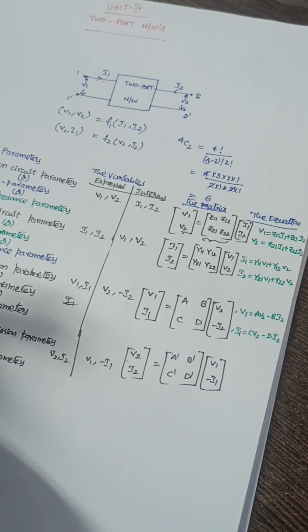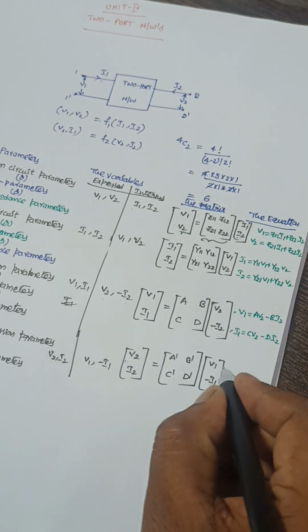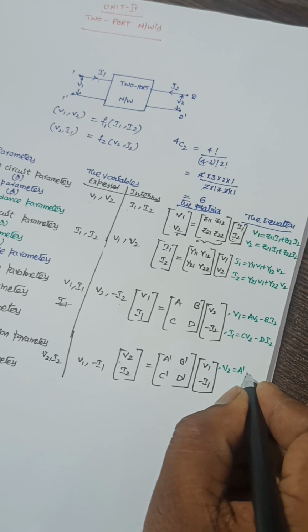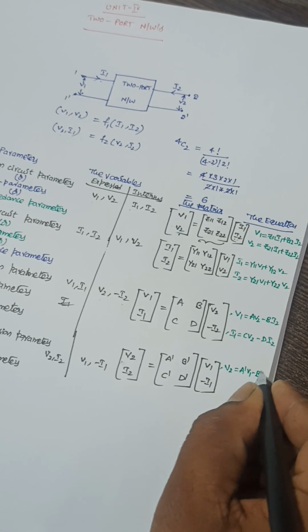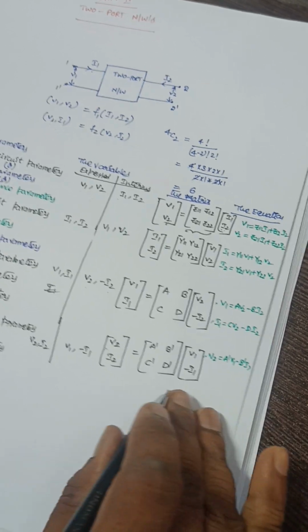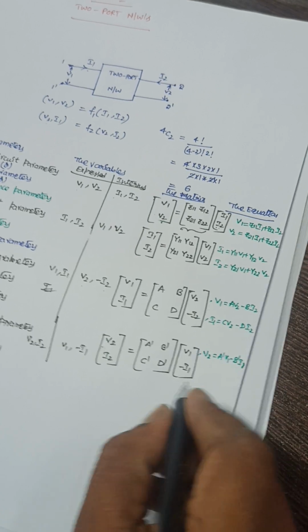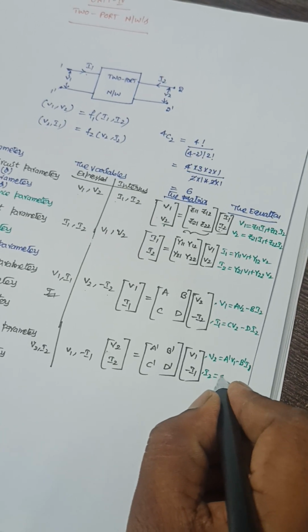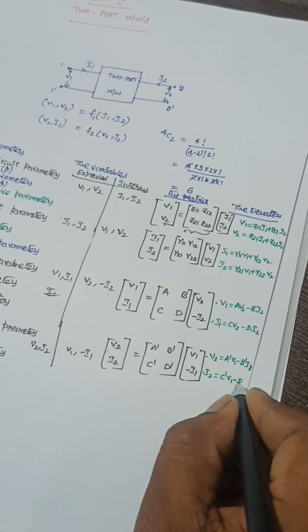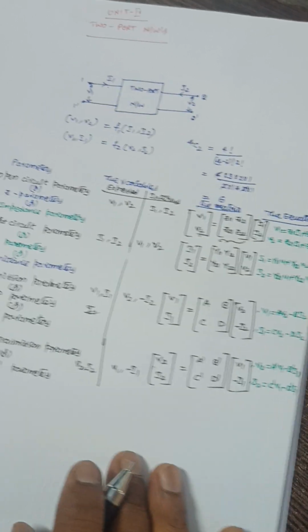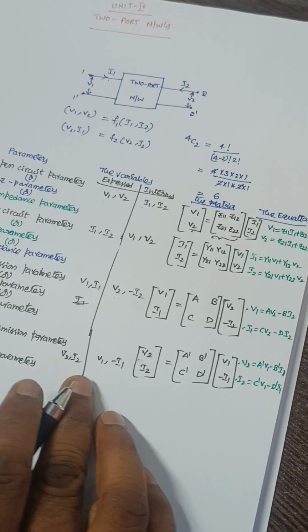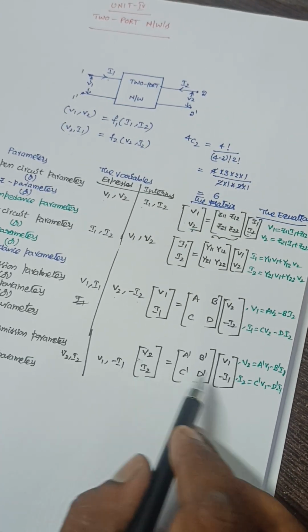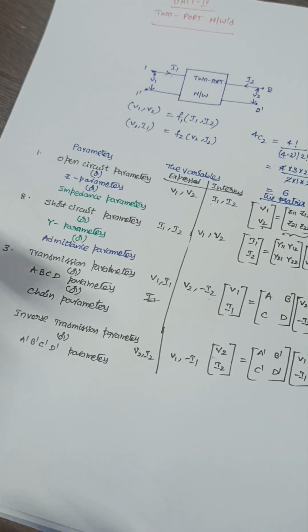In equation notation, V2 is equal to A dash V1 minus B dash I1, and I2 is equal to C dash V1 minus D dash I1. This is how we can express V2 and I2 in terms of V1 and I1.